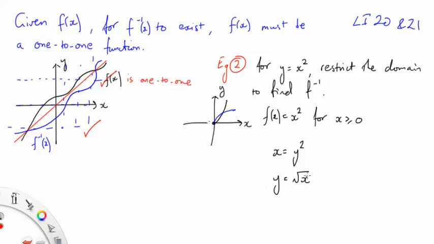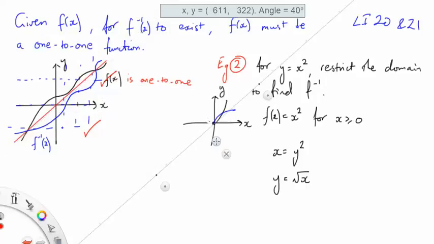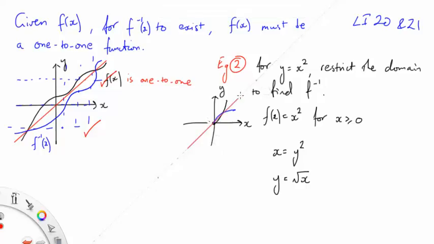So that's the graph of y equals root x, which is great. That's the inverse function of this. And it indeed passes, it is indeed a reflection in the line y equals x. There's the line y equals x. You can see, just like over here, it's a reflection in that line.